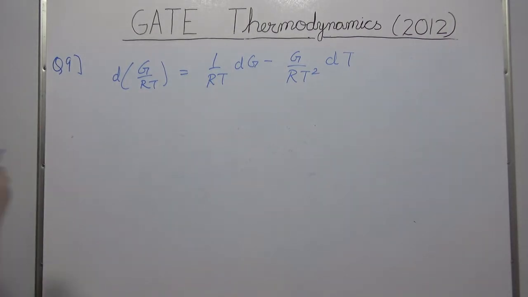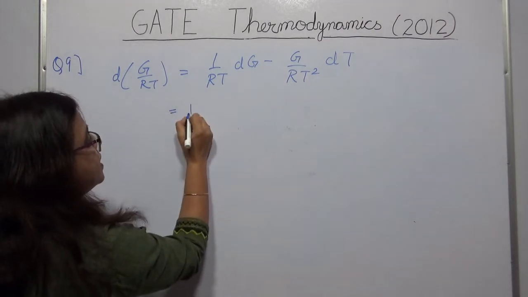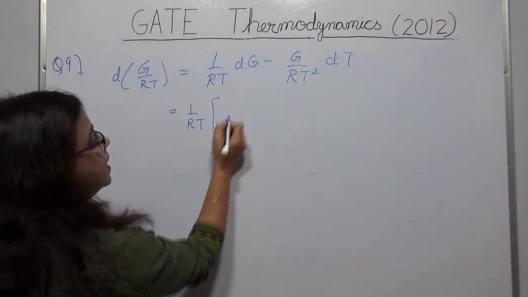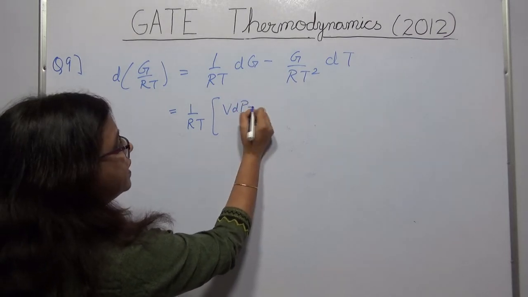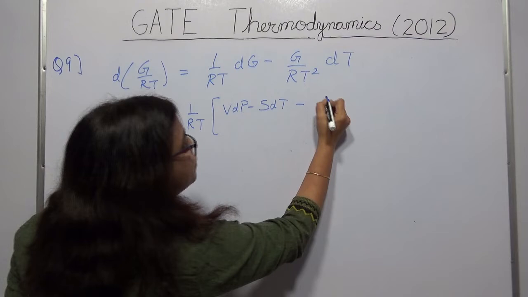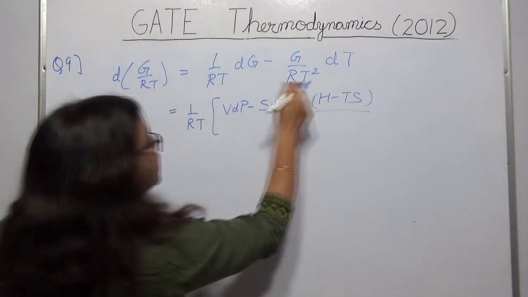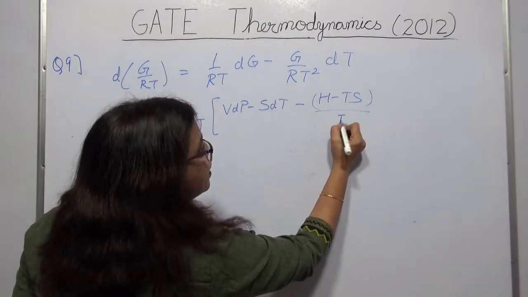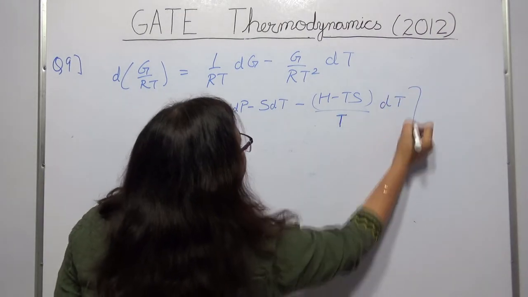Now I am going to put in the definitions of dG and G. Let's take RT common outside.